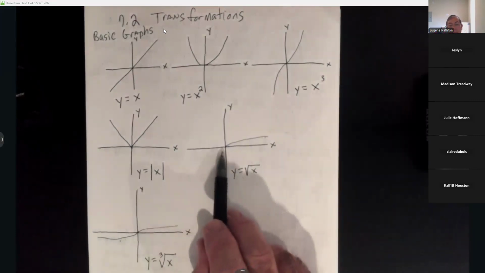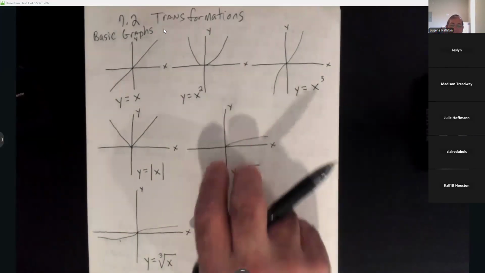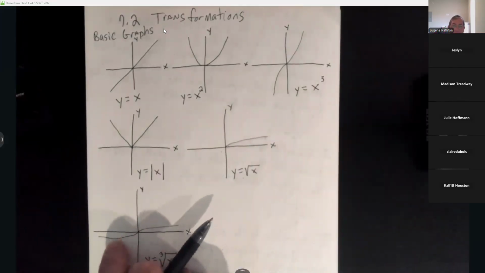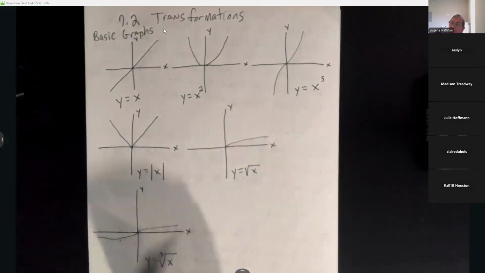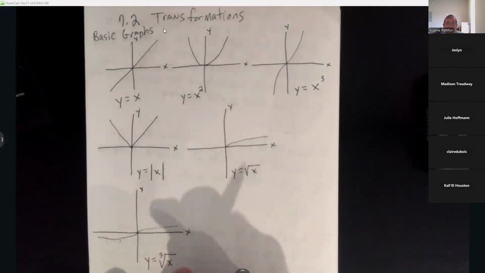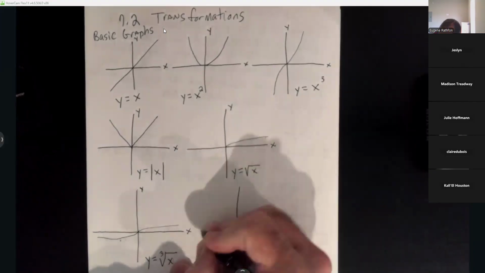But you can't take a square root of a negative number. So I can't take square roots of negative numbers, but I can take a cube root of a negative number, okay? Because a negative times a negative times a negative will give you a negative. All righty, that's 6. So we got one more to go.